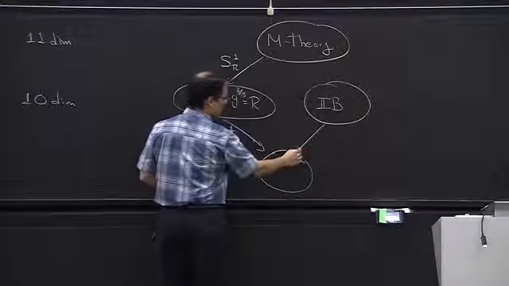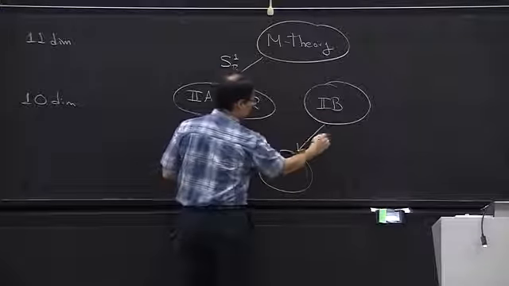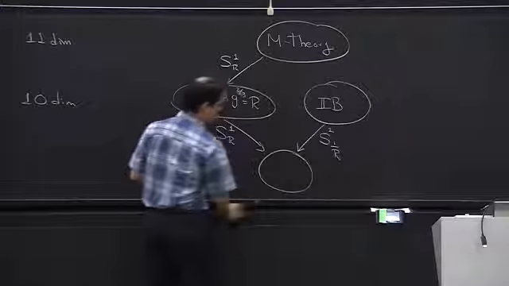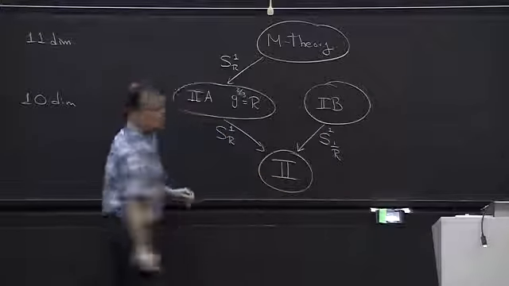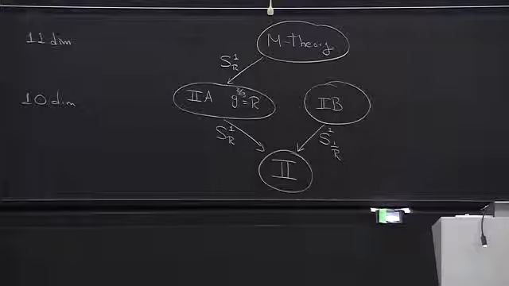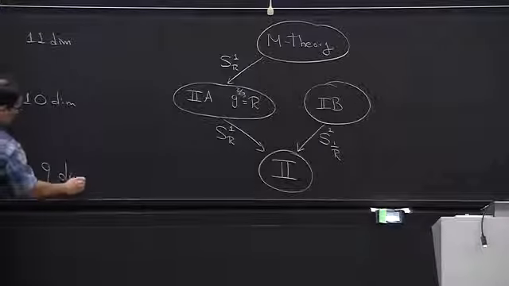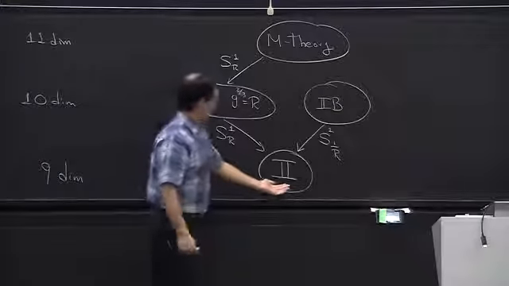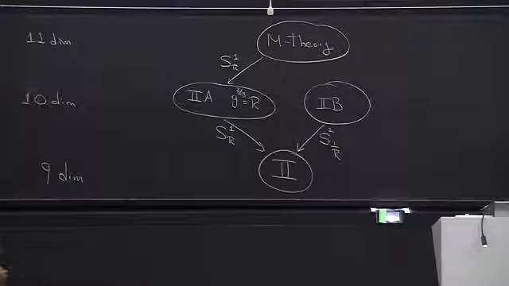And this theory is supposed to be equivalent to this theory compactified on a circle of radius 1 over r. So these theories in 9 dimensions, we can just call them type 2 theories. It doesn't make sense to say type 2A or type 2B, because they are basically the same theory. So in 9 dimensions, the type 2 theories unify into a single theory. Okay? Very good. So that looks like a nice picture.